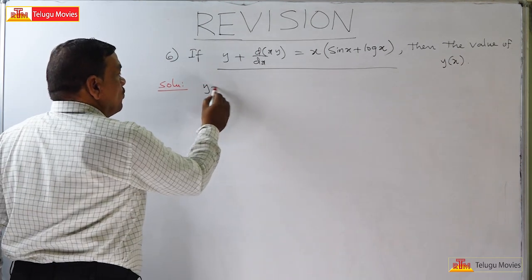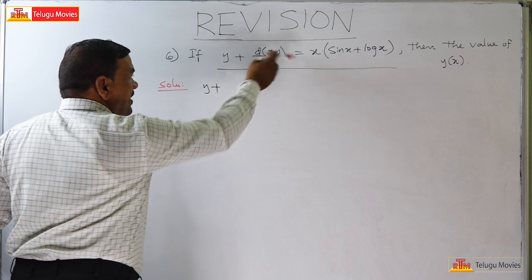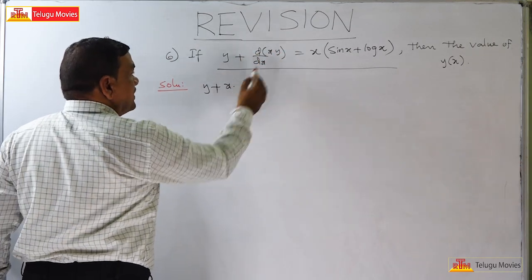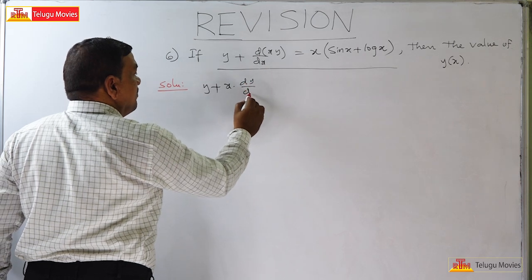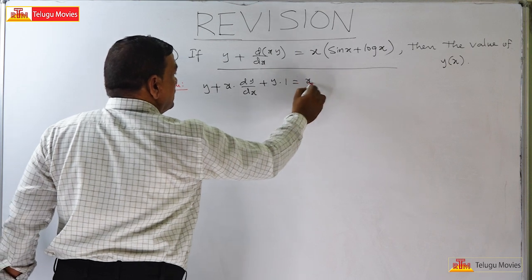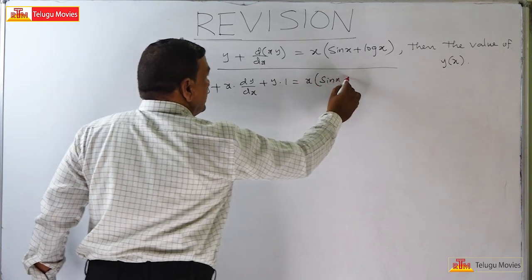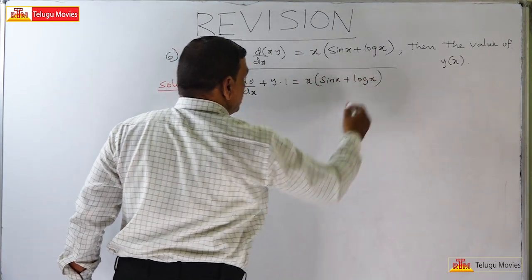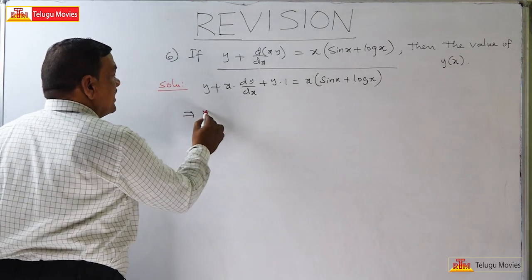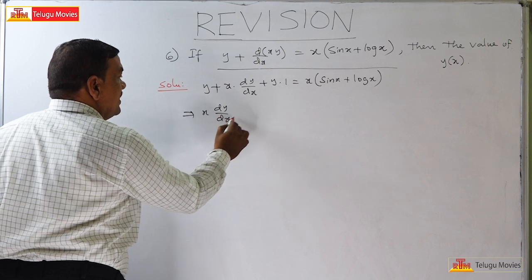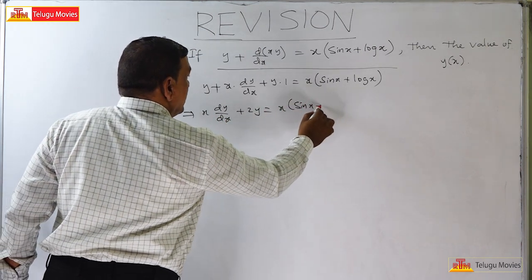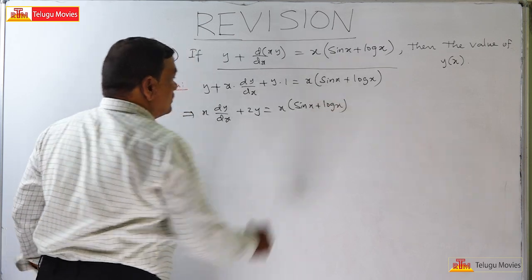This is y plus d by dx of x into y. Using the u into v formula, x into dy by dx plus y into the derivative of x, which is 1, equals x times sin x plus log x. This is nothing but x dy by dx plus 2y equals x times sin x plus log x.